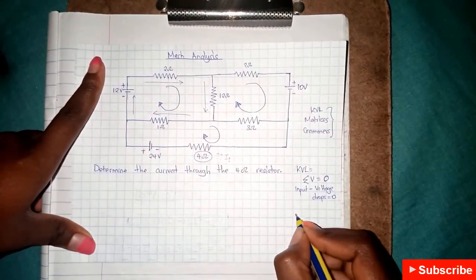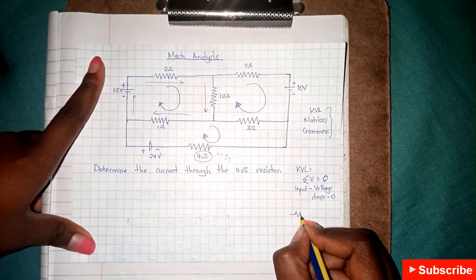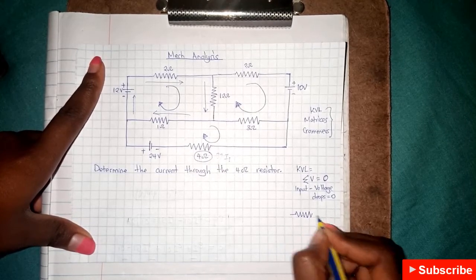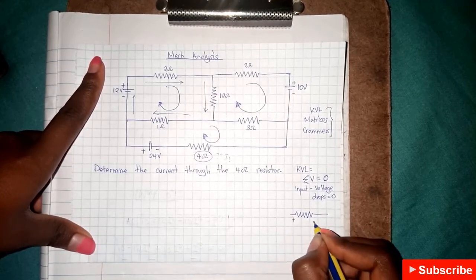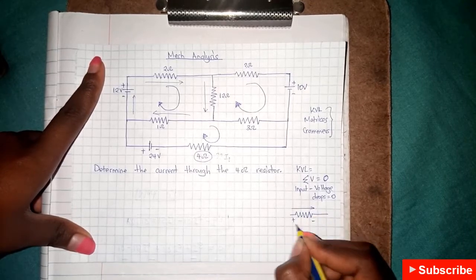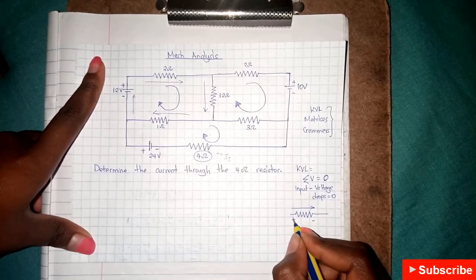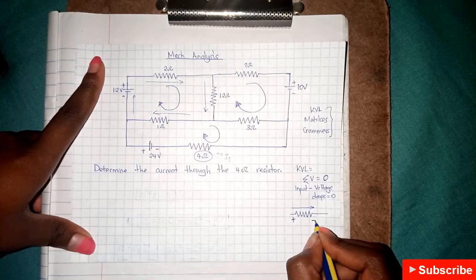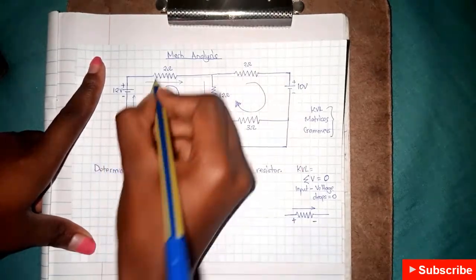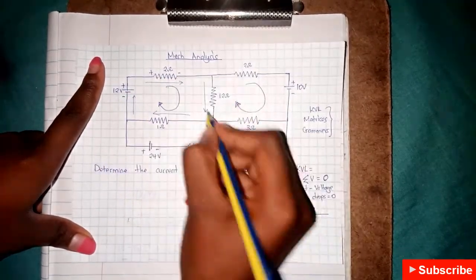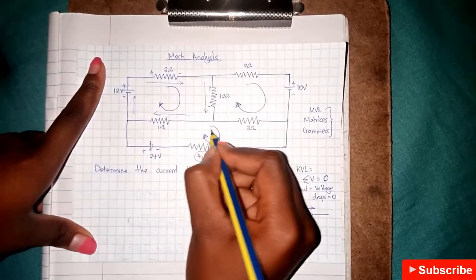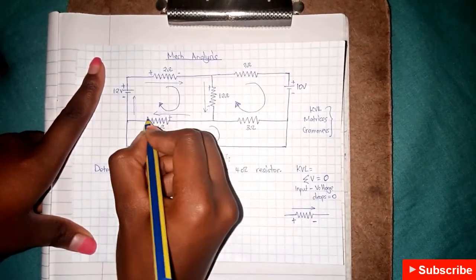Now, in an element, for example a resistor, current flows from positive to negative. So if we have current flowing this way, that means this will be positive and this will be negative. So this will be positive, negative, positive, negative, positive, negative.